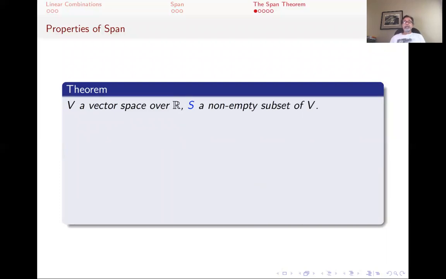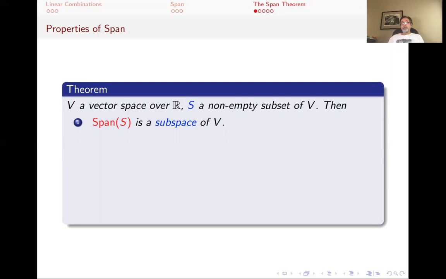You have a vector space, you have a non-empty subset of it, and then you can create the span, which is another set made up of a finite number of linear combinations of elements of S. Then you want to know, well, what is this span? Here are some of the things you can say. The first thing, a very important one, is that the span is actually a subspace, and this is our go-to method for creating and constructing subspaces.